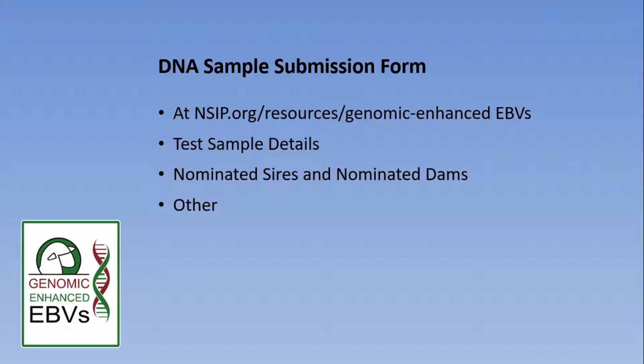So again, if you're trying to prioritize your testing, if you have rams that are coming from flocks that are going to be heavily genomic enhanced, are you better off focusing on the progeny and the rams that are not, or your home-raised rams, if you are line breeding a little bit and bringing those in?